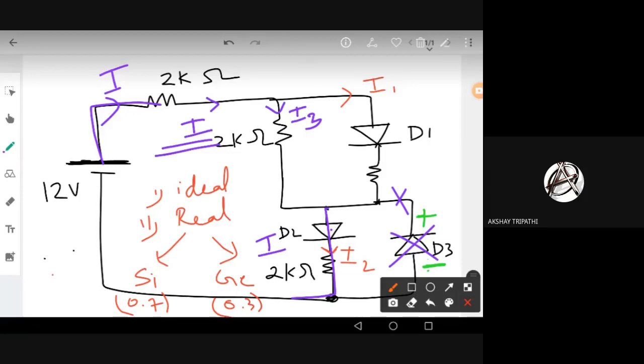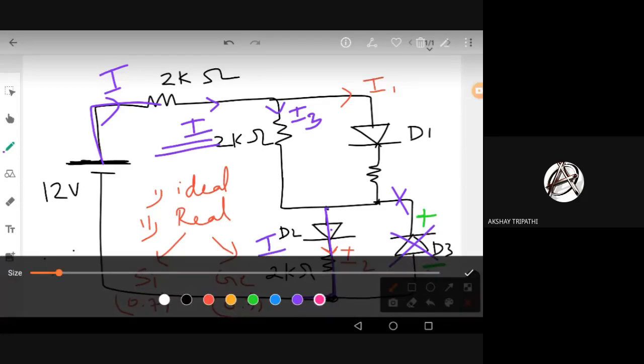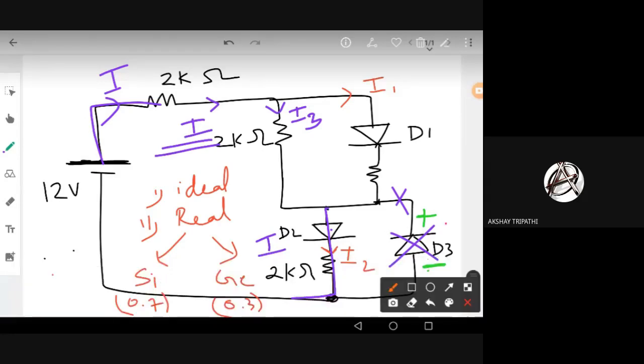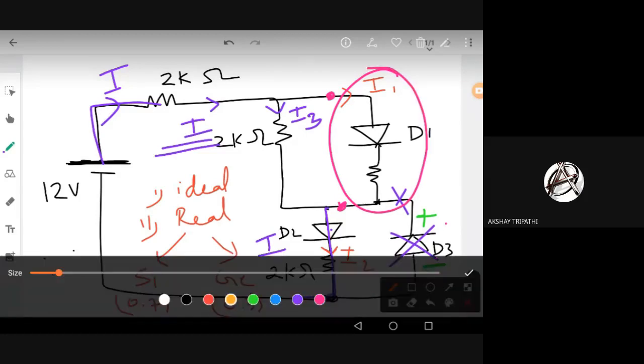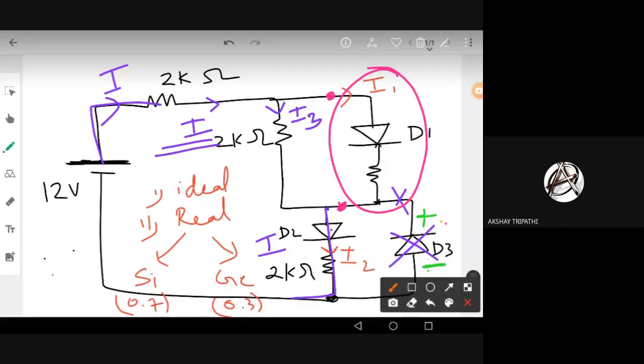Now how to find I1? To find I1 you have to use the same technique. What technique? You have to find the equivalent Thevenin resistance and Thevenin circuit with respect to these two points. So the whole complicated circuit has to be modeled into an equivalent circuit with a Thevenin voltage and a Thevenin resistance, right?